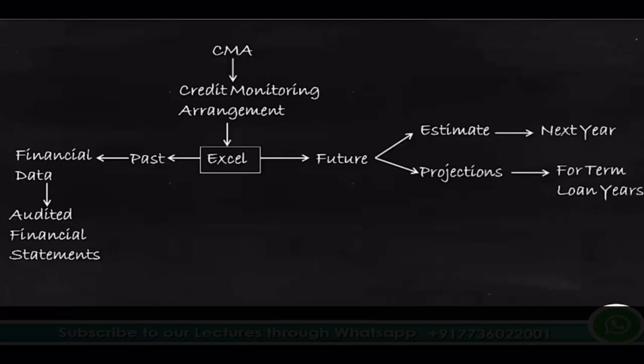So CMA is basically an Excel document which will tell the bank about the financial performance of the customer in the past and what he is planning for the future.